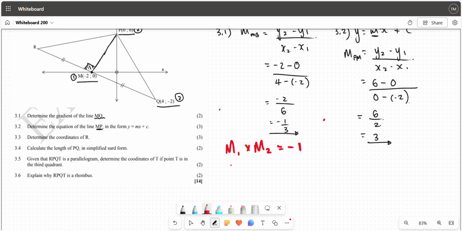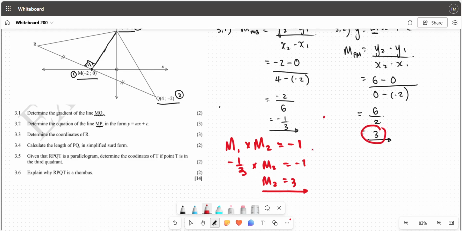And since I already have m1, which is this negative a third that I already calculated, I could have found m2 using that, and I would have just divided by negative a third on both sides, and I would have ended up with a positive 3. So that's another way you could have gone about solving for the m, but this is perfectly fine as well.